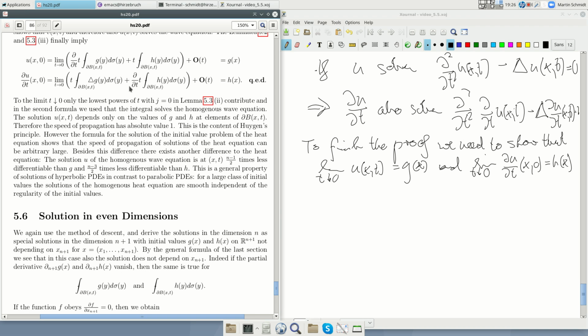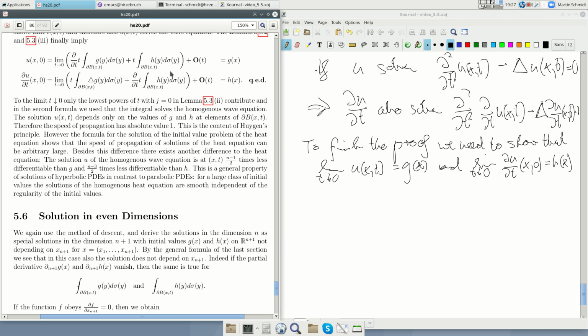And here we just apply the differential to this term, and we get this term. And now it's the other way around. Here we get, in the limit from this integral, the value of the Laplacian of g at x times t. And if t goes to 0, this goes to 0. But here, if we apply the derivative to this term, then we get h of x.